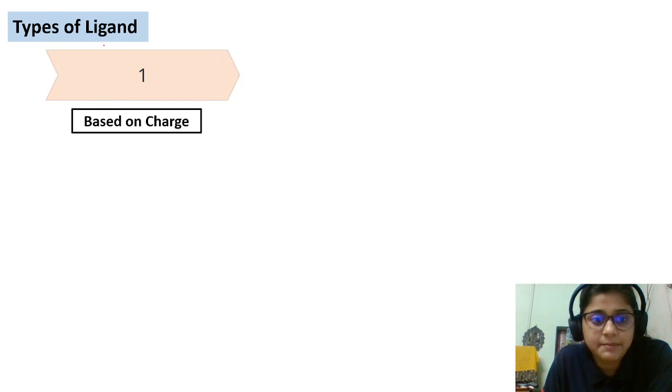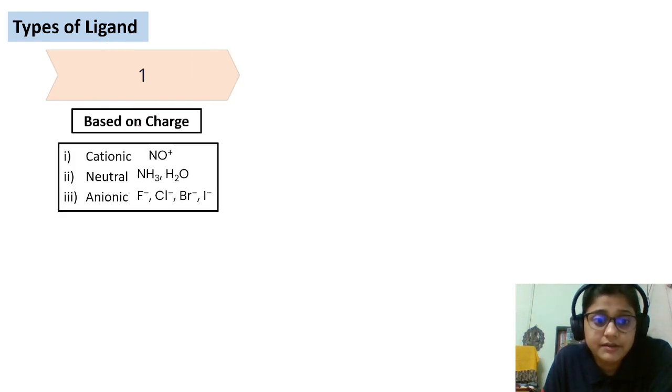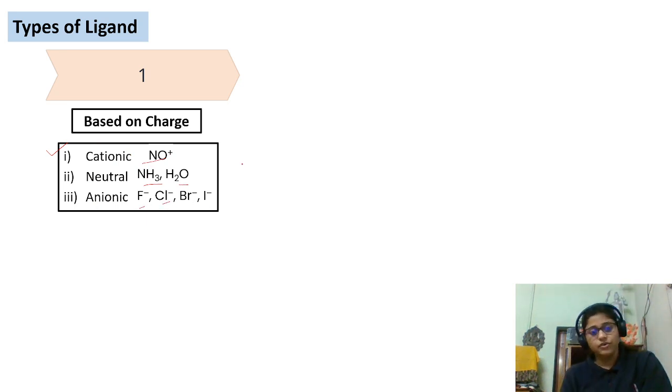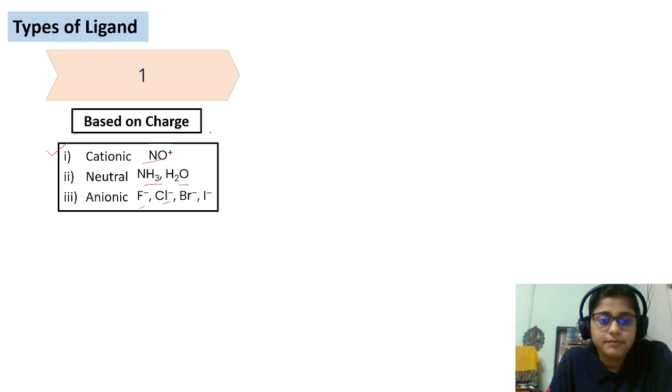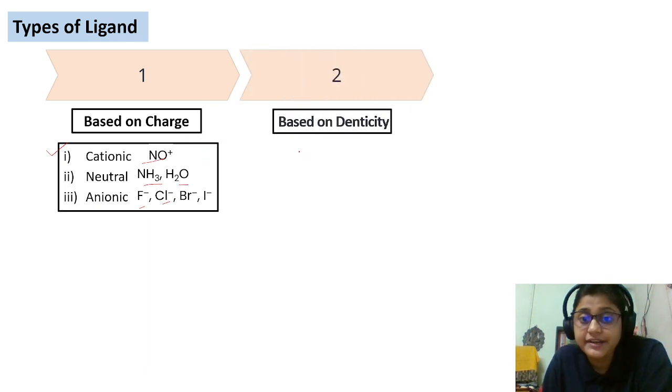Firstly, based on charge, the types are cationic, neutral, and anionic. A cationic example is NO+; NH3 and H2O are neutral; F- and Cl- are anionic. These are some ligands. Second, based on denticity.